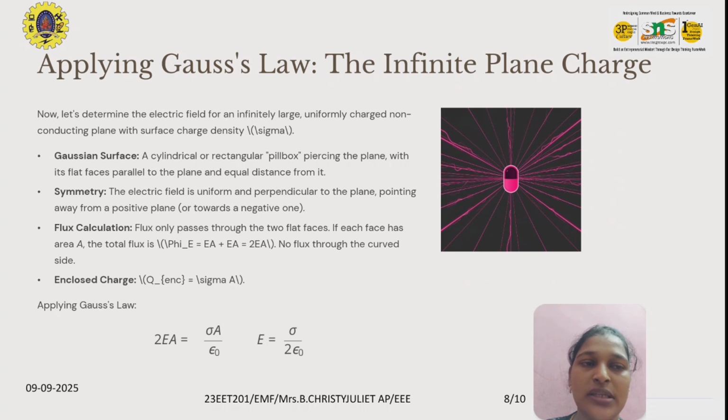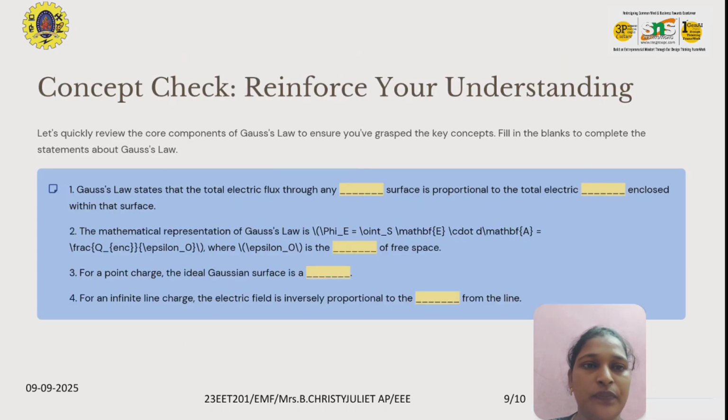If the charge distribution is a surface charge distribution or a plane charge, then if you apply Gauss law, you get the formula for electric field intensity as E is equal to sigma by 2 epsilon naught. So for different Gaussian surfaces, you can get a different electric field intensity formula by calculating the amount of electric flux or field lines inside it.